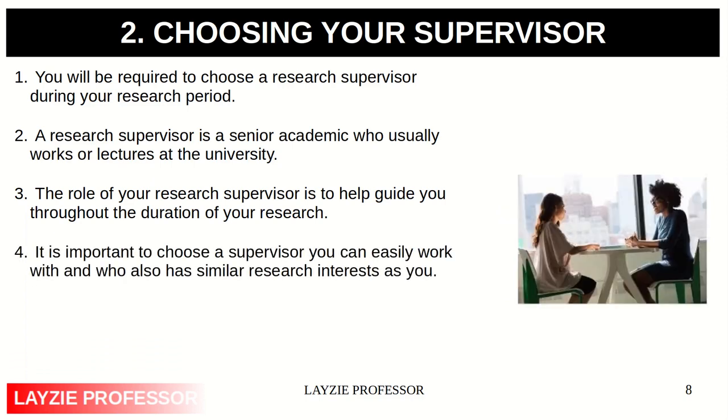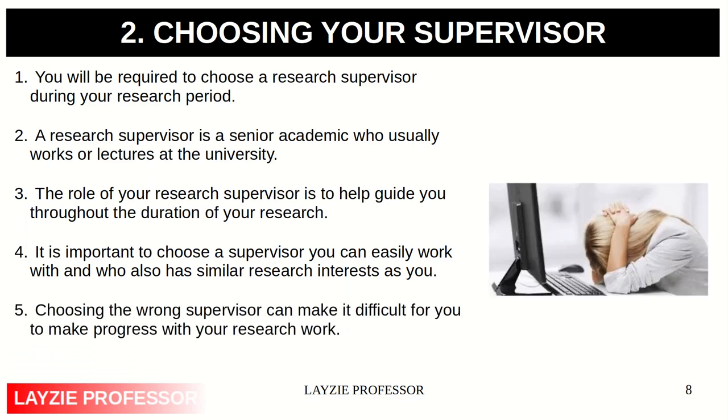And it is important that you, as a research student, choose a supervisor you can easily work with, and a supervisor who also has similar research interests as you do. Because if you don't, you can actually run into problems. And if you choose a wrong supervisor, or a supervisor who doesn't really know about the area that you want to do your research, or a supervisor who actually has some issues that will make it difficult for you to work with him, that can become a difficulty for you, especially in making progress with your research work.